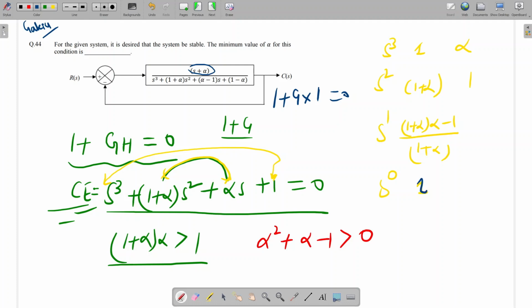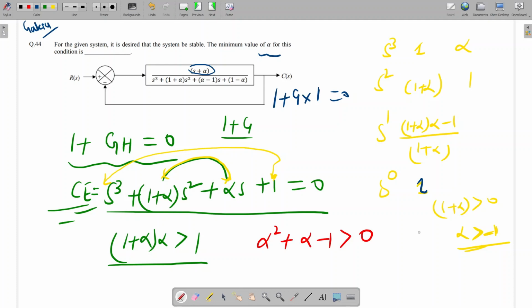So see, if you look at the coefficients, 1 plus alpha should be greater than 0 and alpha should be greater than minus 1. Correct? So what will be the solution? It is asking the minimum value of alpha.